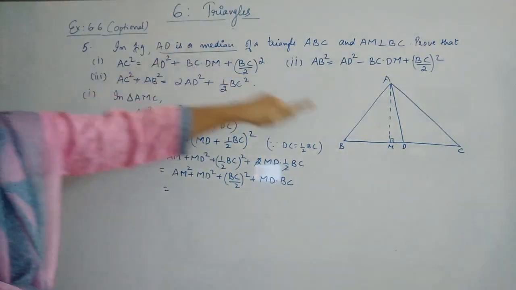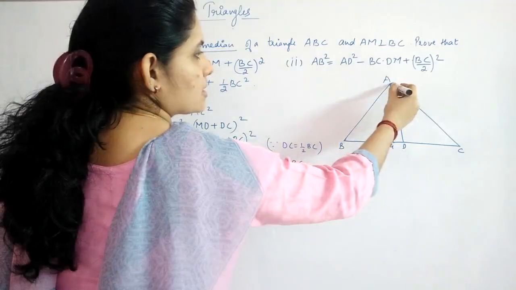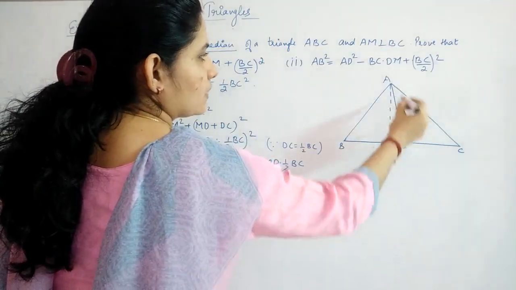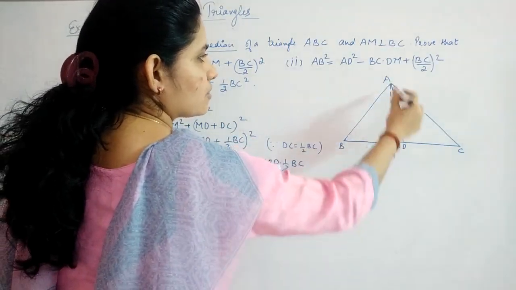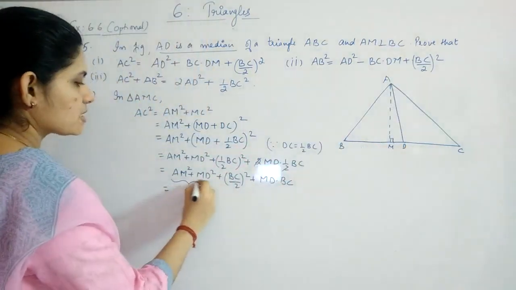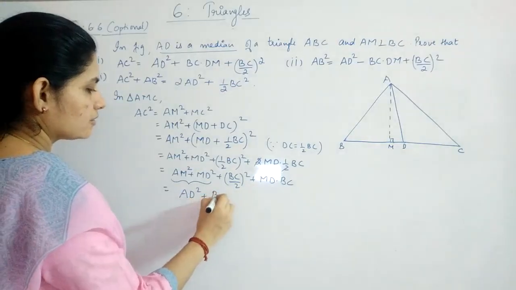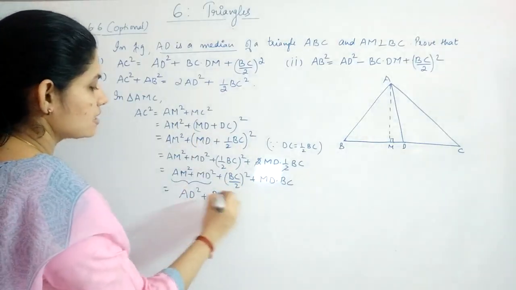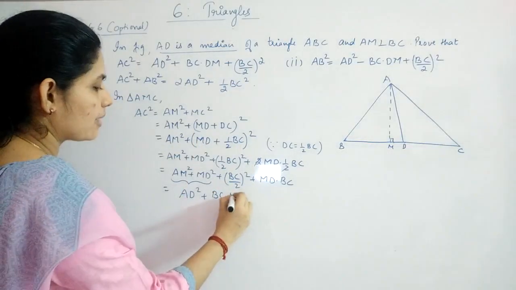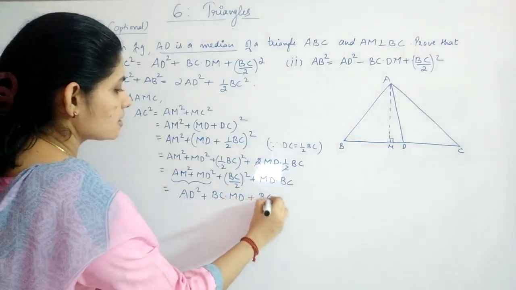Is it possible? Just see the figure. If you consider the triangle AMD, you will have AM square plus MD square is equal to AD square. So you get AD square plus BC into MD plus BC by 2 the whole square.